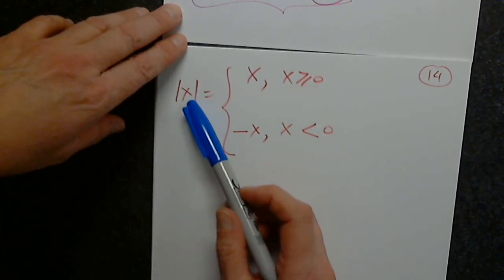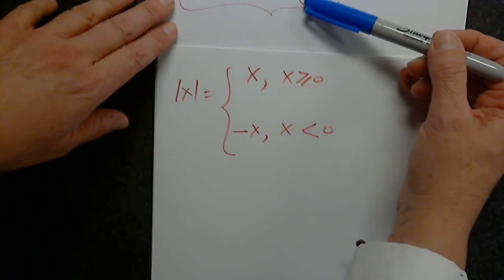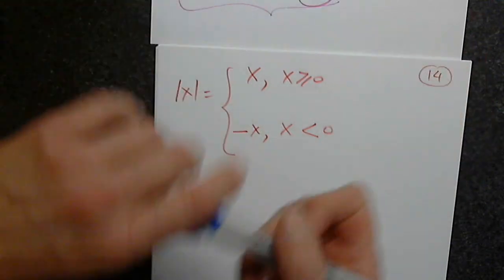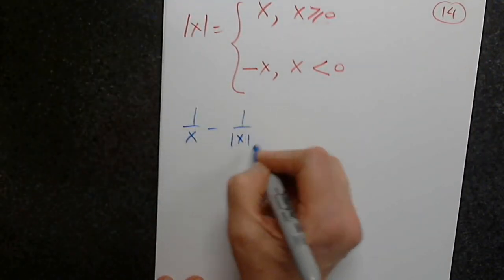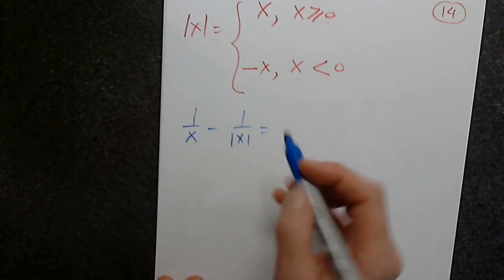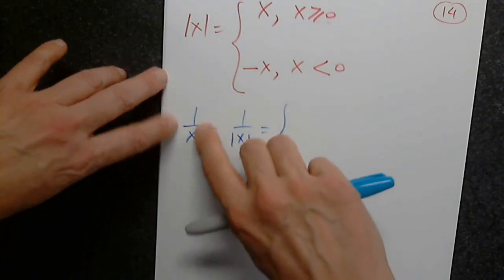Okay, now, I'm not interested in the absolute value of x. I'm interested in 1 over the absolute value of x with 1 minus x in front. So 1 over x minus 1 over the absolute value of x, because this piece has 2 options. The entire function now has 2 options. So what is the first option? This does not have 2 options.